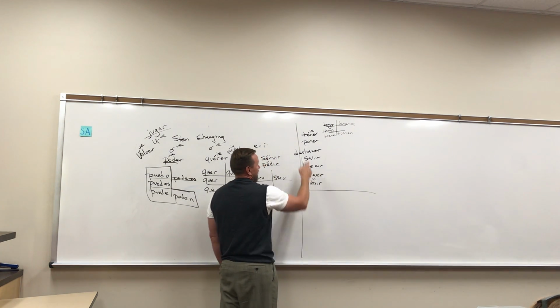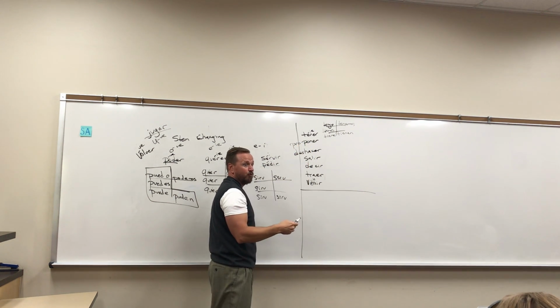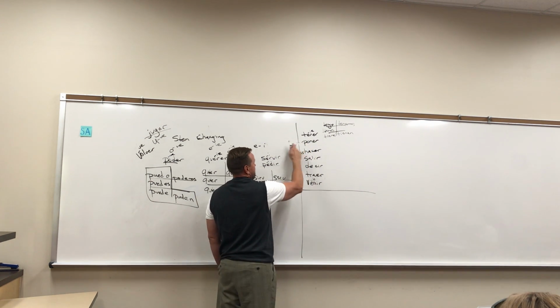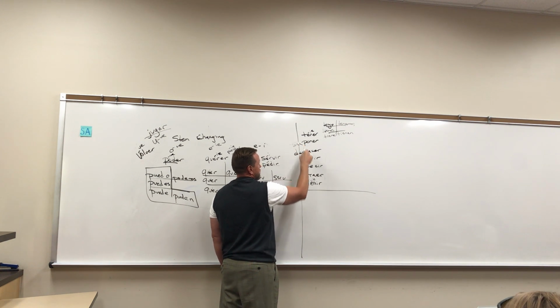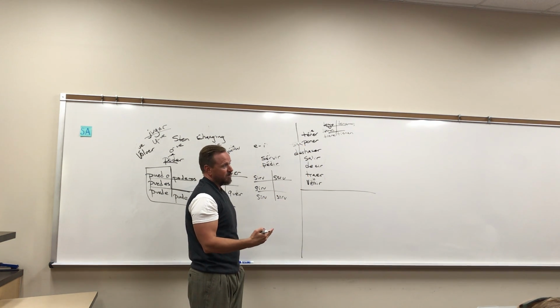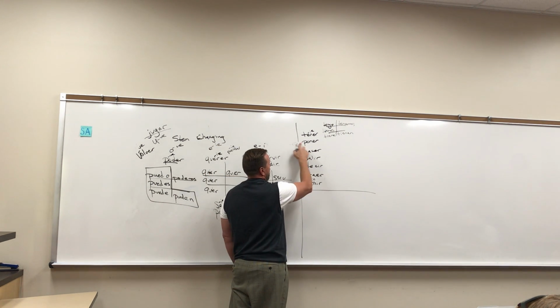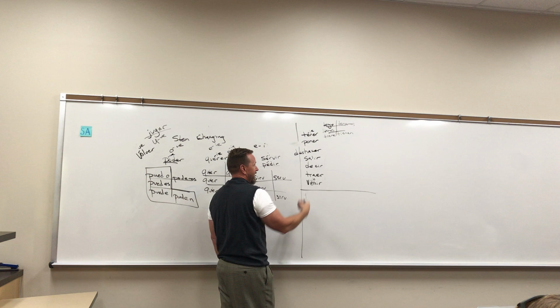You have poner, which is to put, but you also have proponer, which is to propose. And you also have suponer, which is to suppose. Those verbs will also be conjugated the same as poner. Supongo. Propongo. So anything that has that.